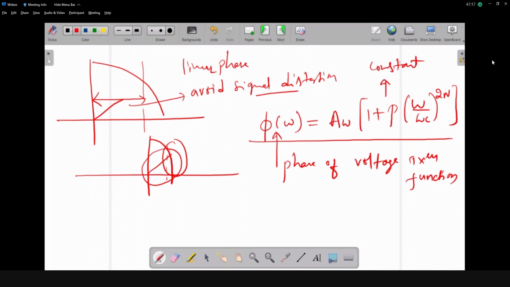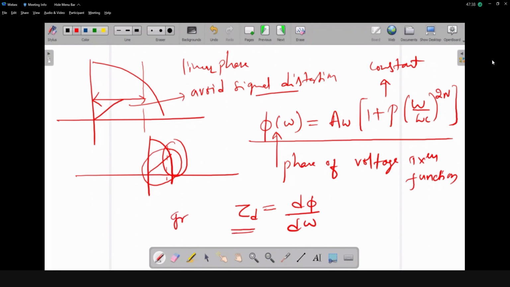With respect to the phase, we also define another term called group delay. The group delay is again a function of omega. It is the derivative of this phase response.